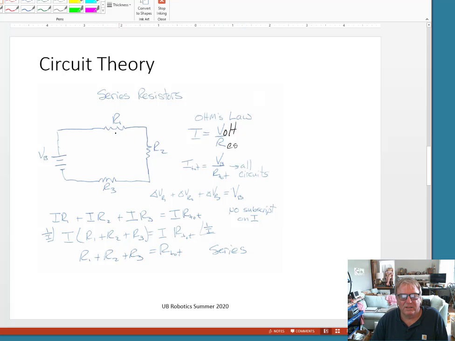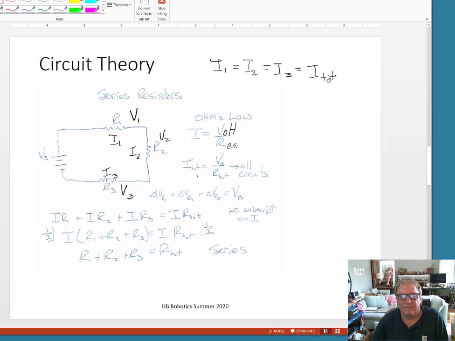So if I know the current here, then I can figure out what the voltage is. But what we know is that, because we have the magic word series, I1 equals I2 equals I3 equals I total.